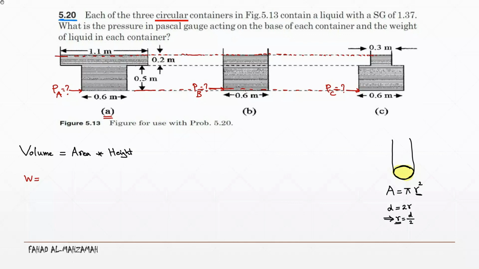We have weight is equal to mg, and we have density, specific weight is equal to weight over volume, and we have rho is equal to mass over volume, and you can take this mass, put it here, multiply by g to get the weight. Yes, these are some formulas that you can solve the weight with.